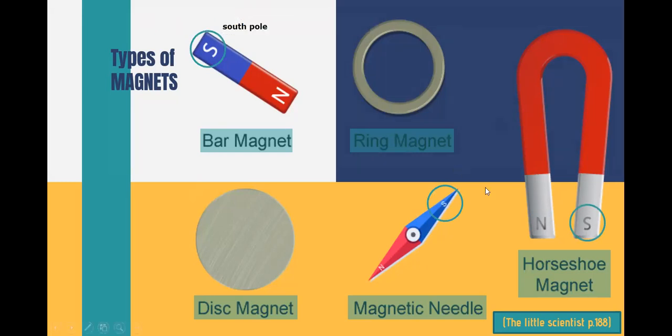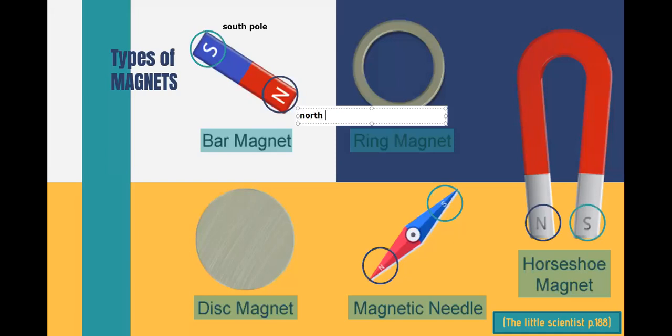And we have also the N letter. This is for the North Pole. Here also, North Pole, South Pole, South Pole, North Pole.